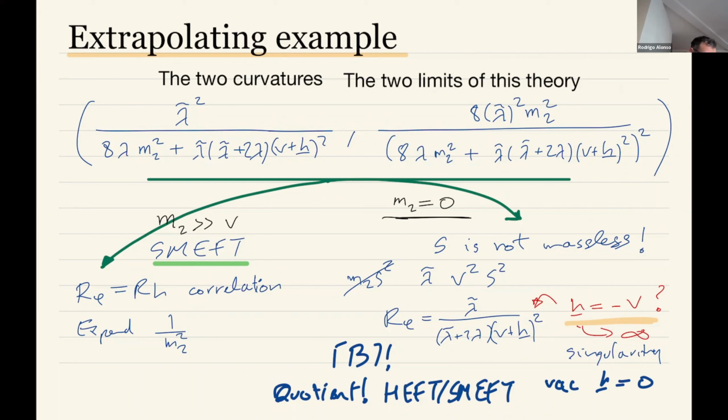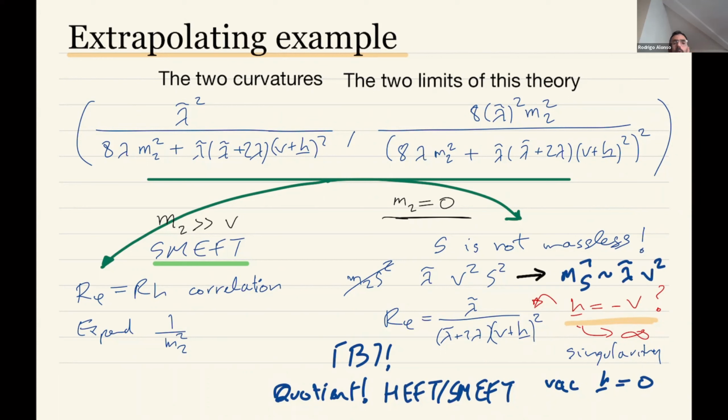And then finally, the other thing to be remarked about this theory, connected to the decoupling theorem, is that this analysis tells us that the mass of the singlet squared will go with lambda tilde over b squared.